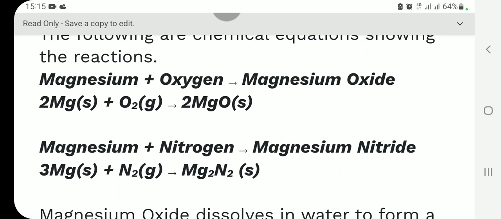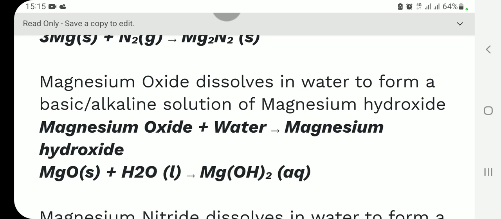When we add magnesium plus nitrogen, we get magnesium nitride. The ide at the end of nitride and oxide symbolizes that it's two elements, the magnesium and the nitrogen.